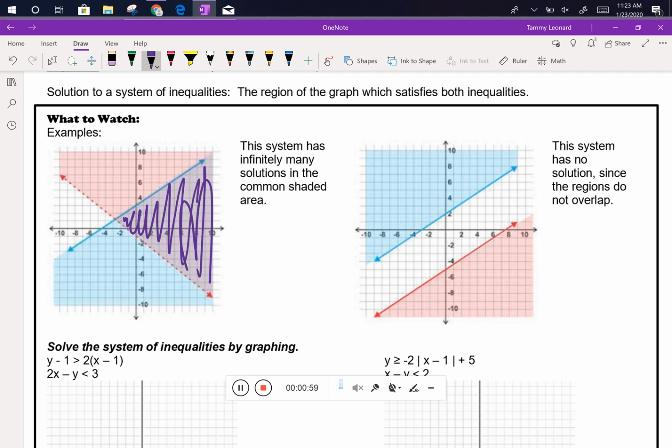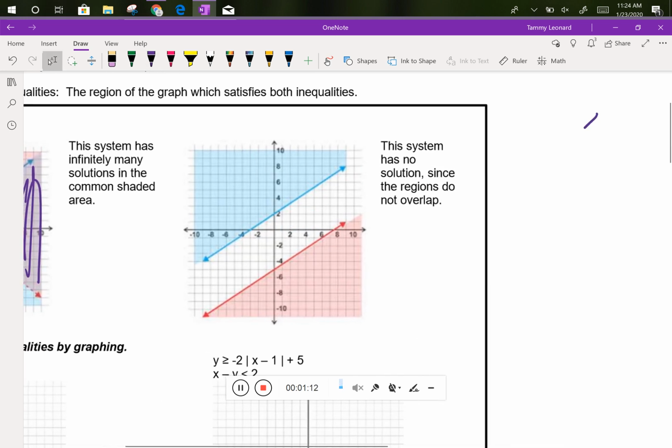When we have parallel lines, there's actually two different things that can happen. One situation is that you can have no solution, like in the example shown here. However, imagine a similar situation. What if we had two parallel lines, and the first problem told us to shade below?